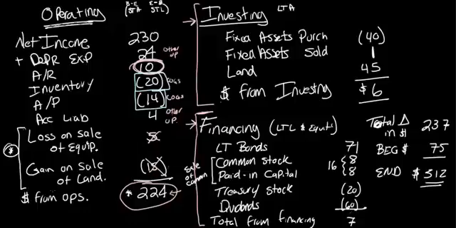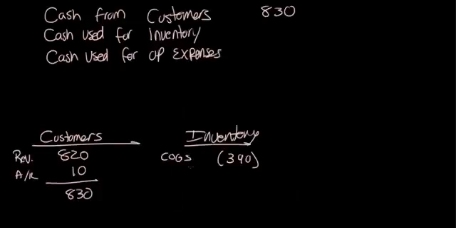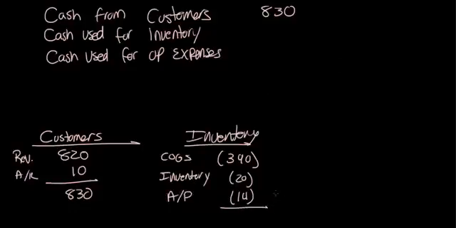The inventory was the 20, and the accounts payable was the 14. Add all those together, and it is a negative 424. So we had cash used for inventory of a negative $424.